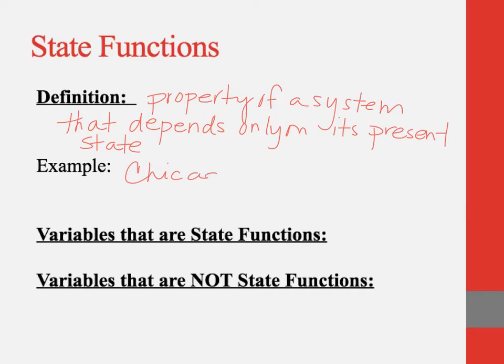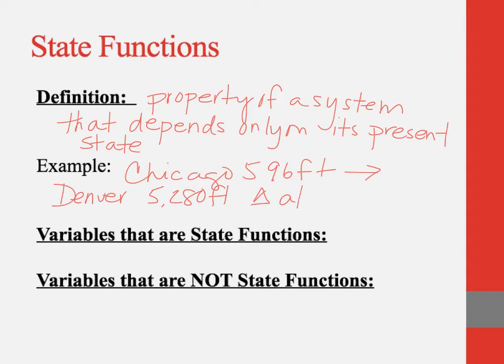You're leaving Chicago at 596 feet, and you're flying to Denver, Colorado, where it's 5,280 feet. So your change in altitude is equal to 4,684 feet. The path that you took to fly there is independent of that altitude change.